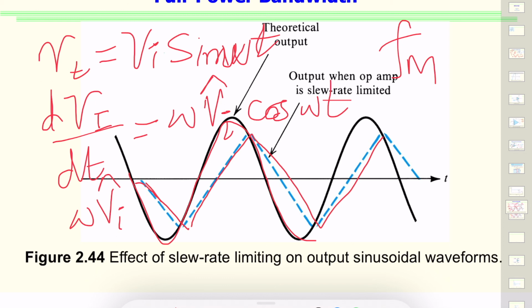Output sinusoids of amplitude smaller than the output maximum will show slew rate distortion at frequencies higher than this FM value. FM is found as slew rate divided by 2 pi V output max.